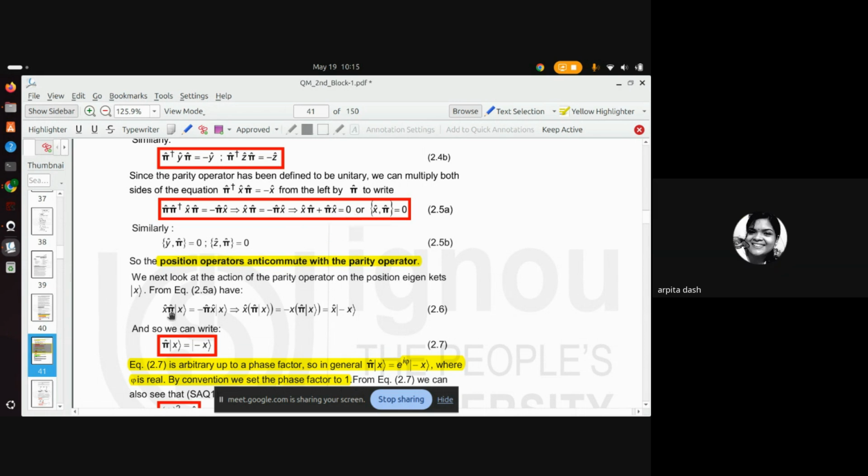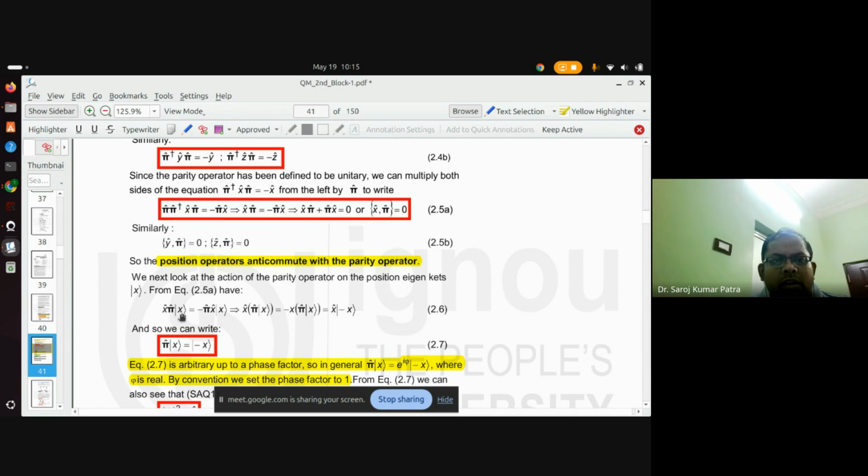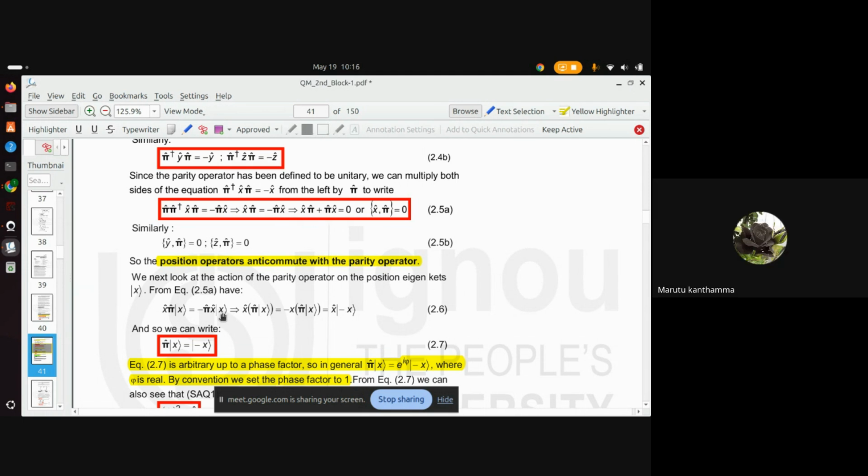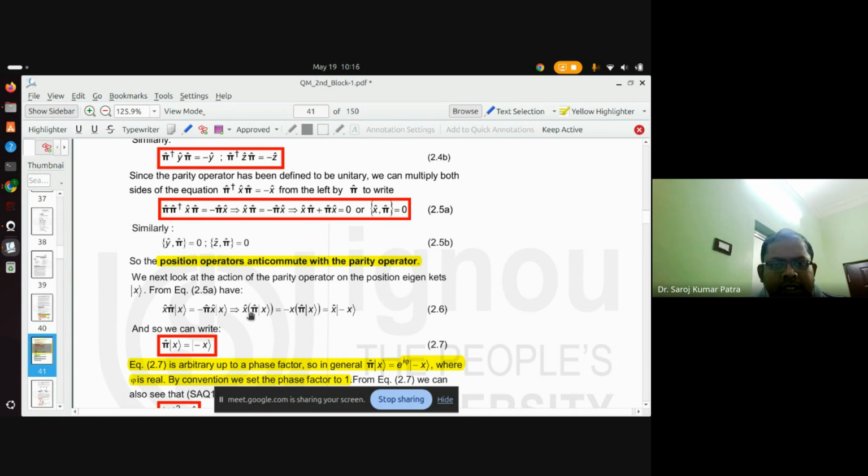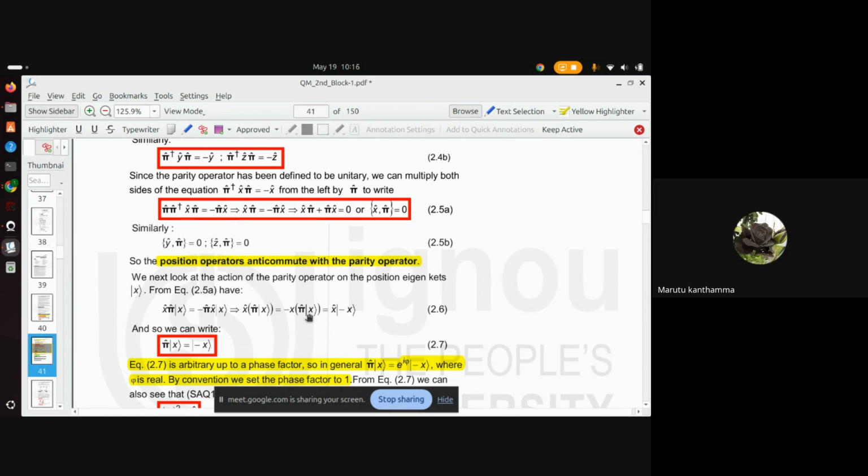So, that's what we are writing. x pi operating on x ket will be equal to minus pi x operating on x. So this implies x pi x will be equal to minus of x pi x, right? Isn't it?